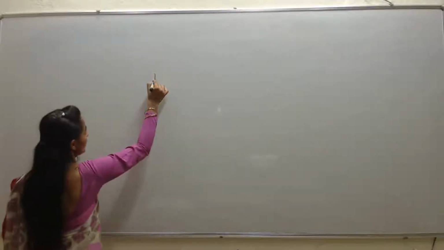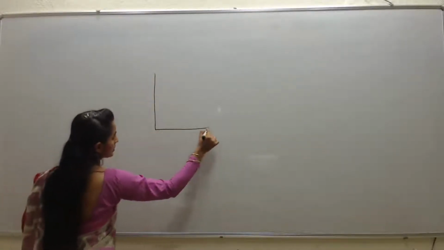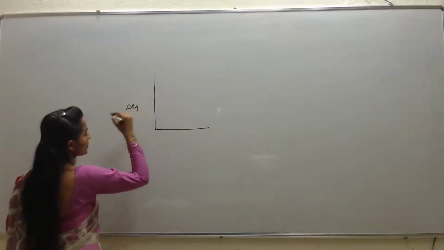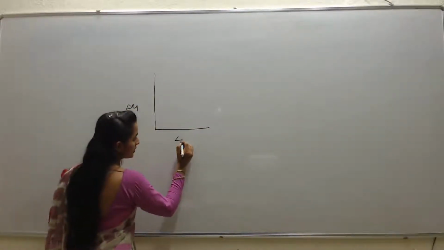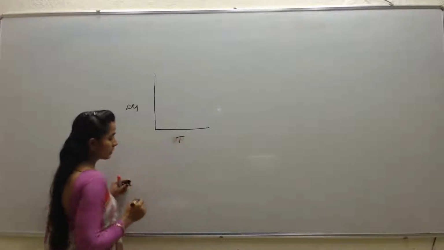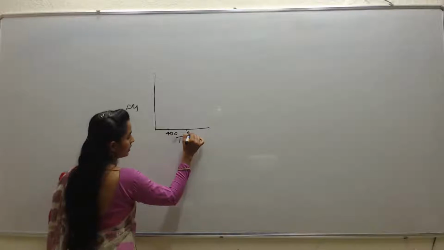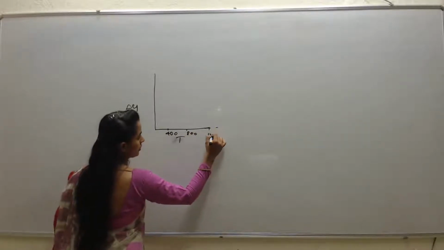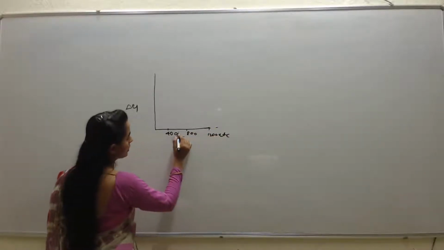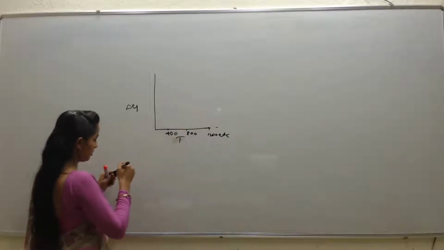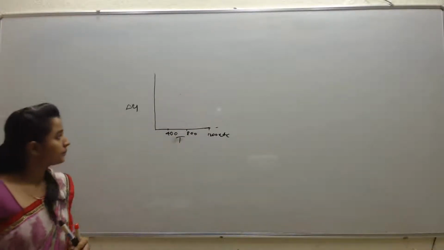Okay, students. In that, I have taken a diagram like this. This is delta G of formation of oxides, and this is T, that is temperature. Here 400, 800, 1200, etc. Assume this is one point.